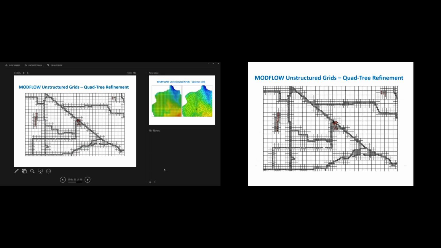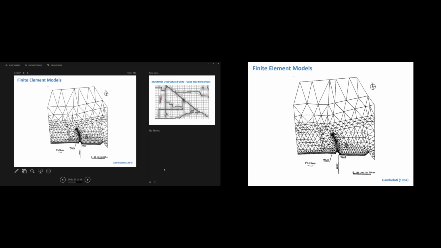Yeah. So a finite element model uses a different geometry, and so it's easier to scale down and scale up with triangles than it is with squares, or any shape actually. Well, there's a lot of different options.